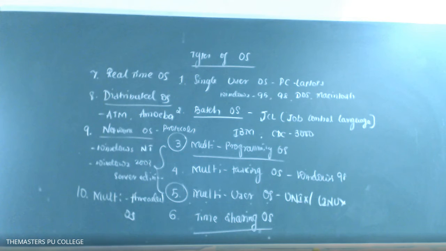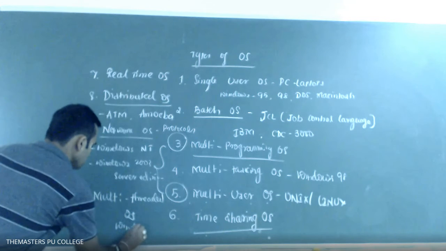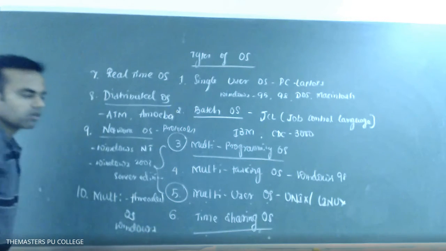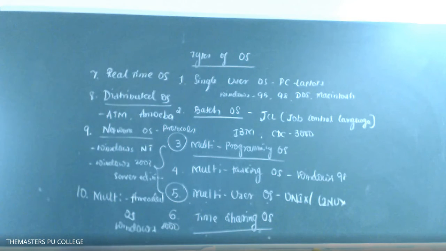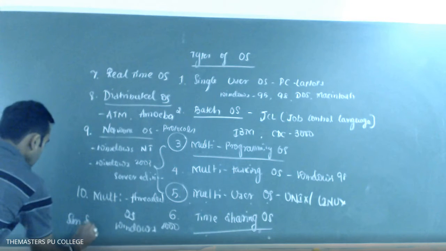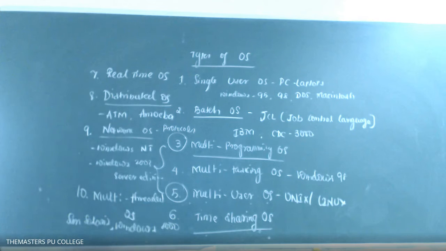Okay. So the examples for multi-threaded operating systems are Windows 2000 and Sun Solaris, right?